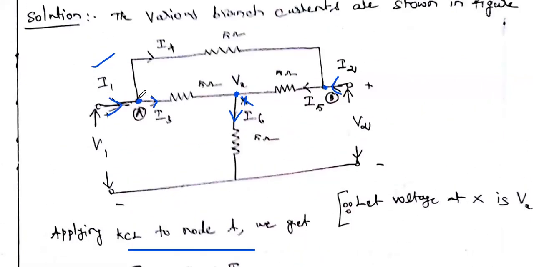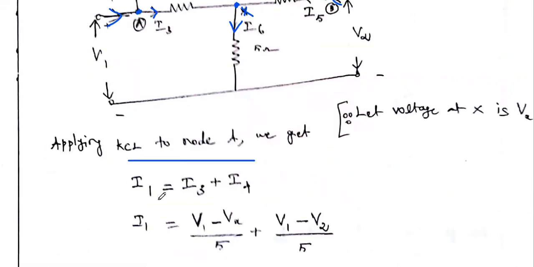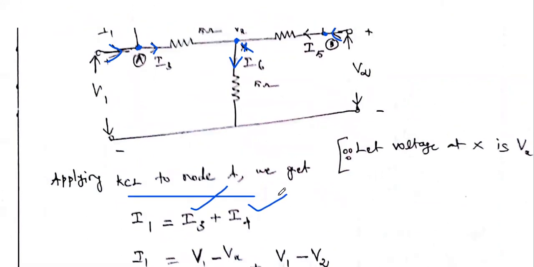If you apply KCL to node A, I1 is the incoming current, and I3 and I4 are outgoing. So I1 equals I3 plus I4. We want I1 in terms of V1 and V2, so we substitute the values of I3 and I4 in terms of voltages.